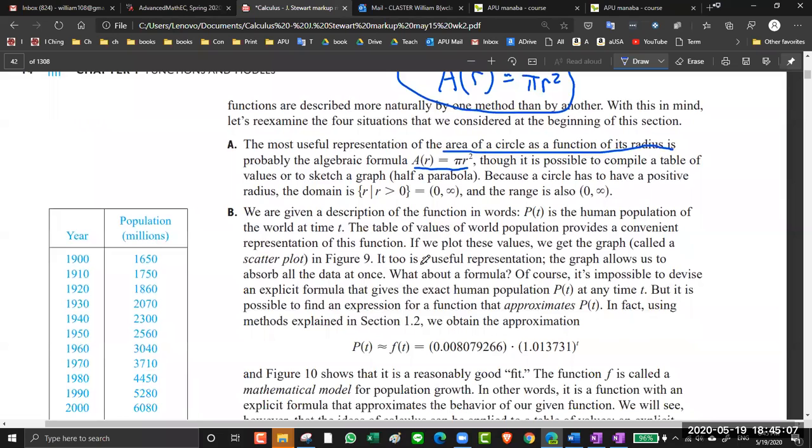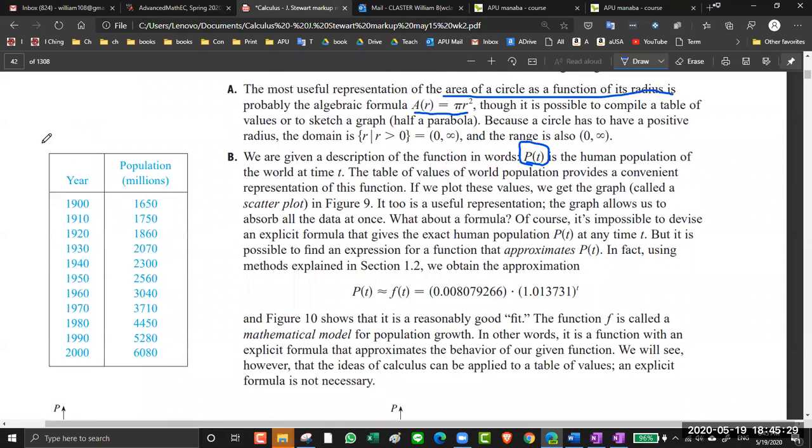However, in this case, we want the population as a function of time. There's probably no formula that's going to give you exactly the population as a function of time. So it might be better to just present it like this.